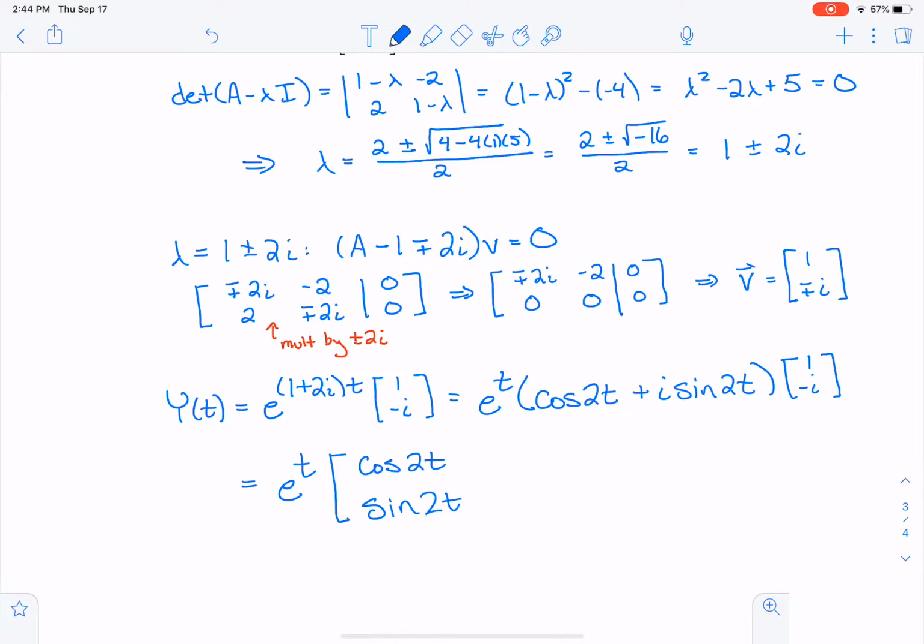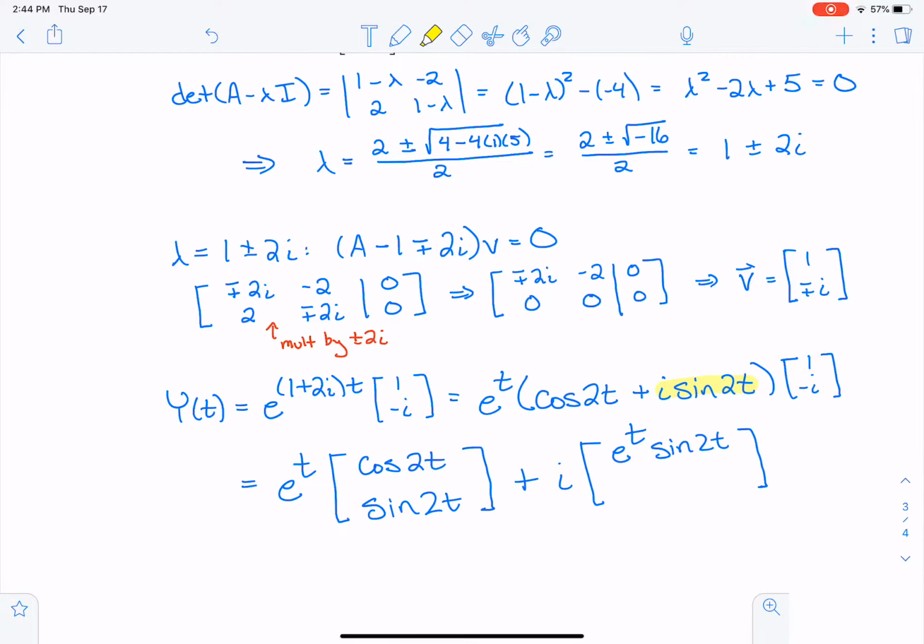And so that's kind of the real part of this solution. But there's also going to be an imaginary part. There's going to be plus i times, and then again I have e to the t times sine of 2t. That comes from multiplying i sine 2t times 1.